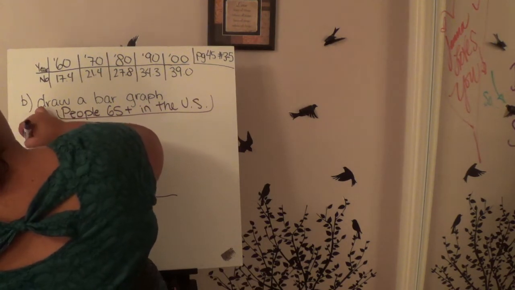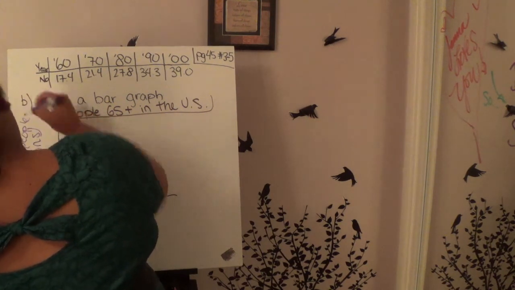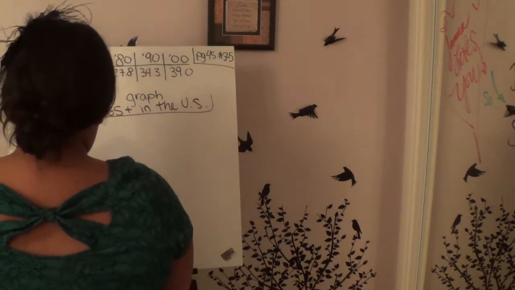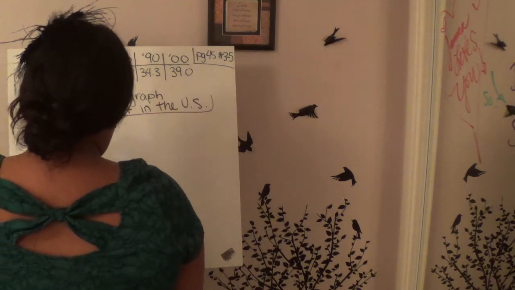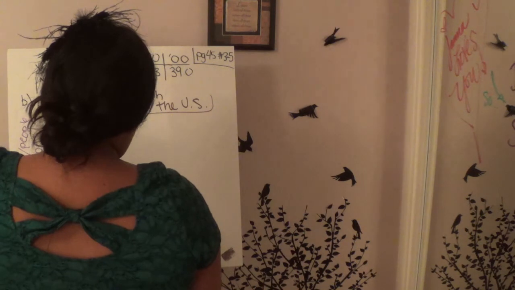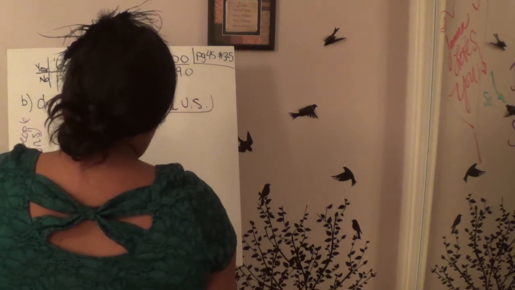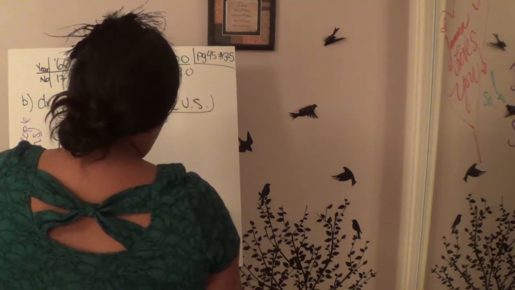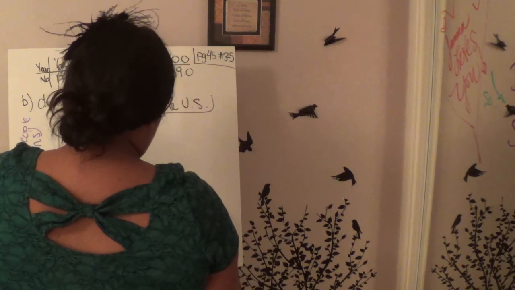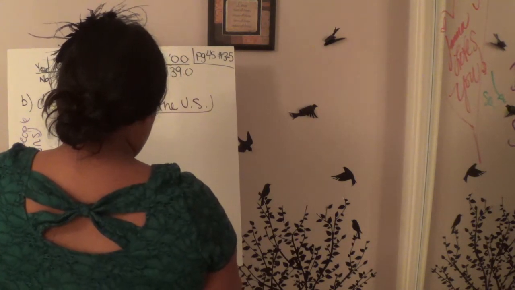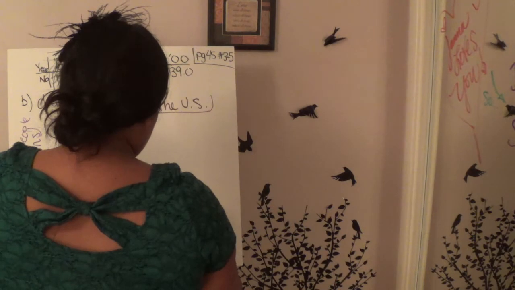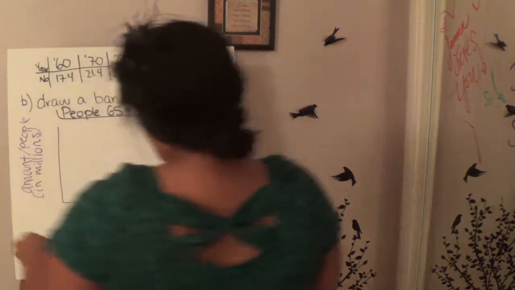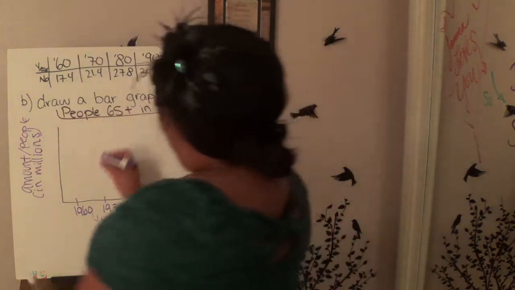Or you can put people in millions. And then I have 1960, 1970, 1980, 1990, and 2000. Okay, same setup here.